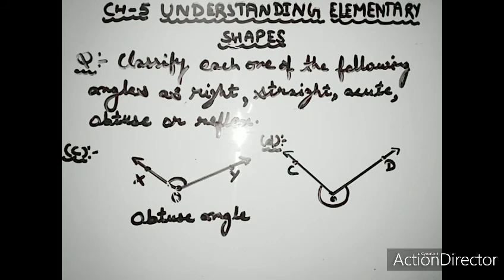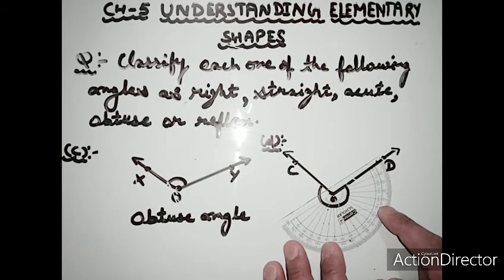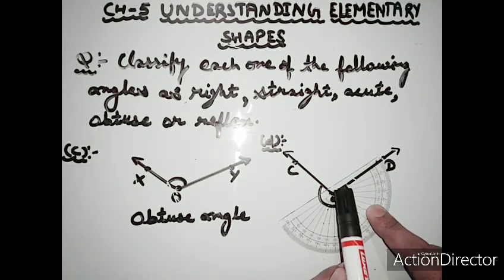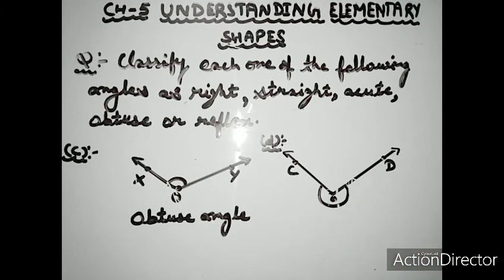So here first we put this protractor on this line, right? And if this angle is formed from here, and it moves from here to here, and it takes a round of more than 180 degrees, so here we say that angles formed between 180 degrees and 360 degrees are known as reflex angles.